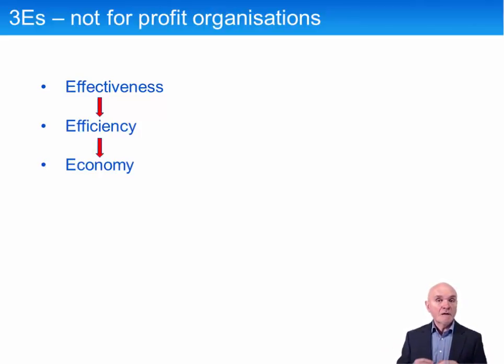So we have to decide what should we do, and then when we decide what we should be doing, we have to make sure that we are doing that efficiently. And efficiency is really a measure between inputs and outputs. It's kind of looking at cost efficiency. So in a hospital, we know what certain operations cost.